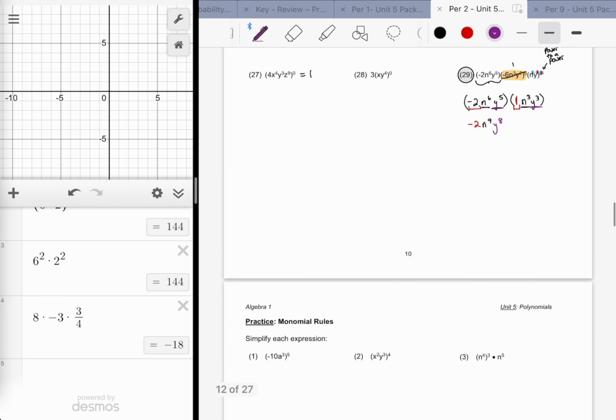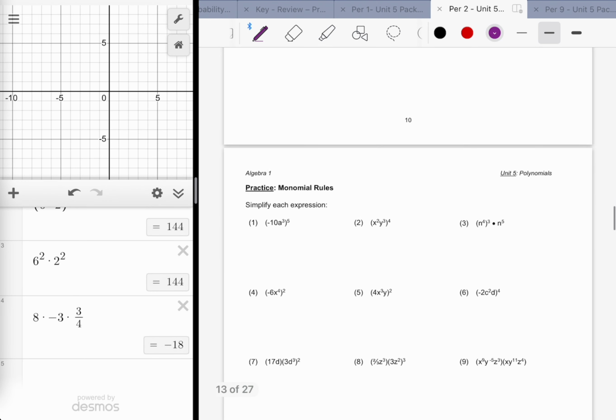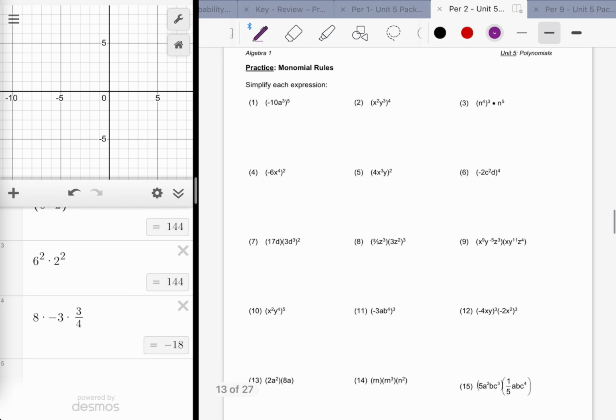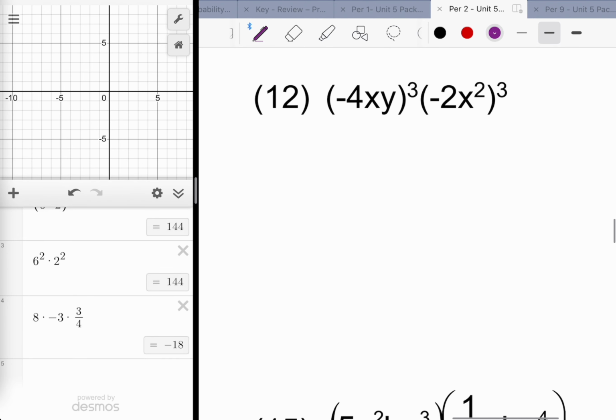Then on page 11, somebody had asked about, I think it was number 12. Yeah, I'm pretty sure it was number 12 on page 11. So this one's got a lot of stuff going on, but we can assume a power of 1 for both x and y here.